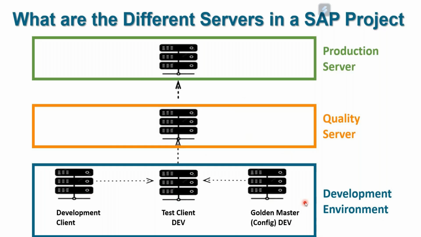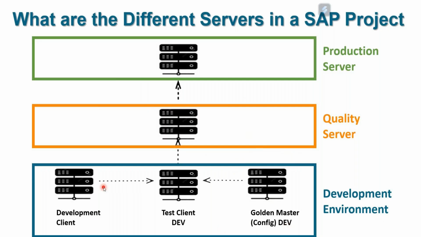So we as function consultants spend our time on the golden master. This is one of our development servers where you do your configuration. All the changes that functional consultants would do in the system would be done in the golden master.